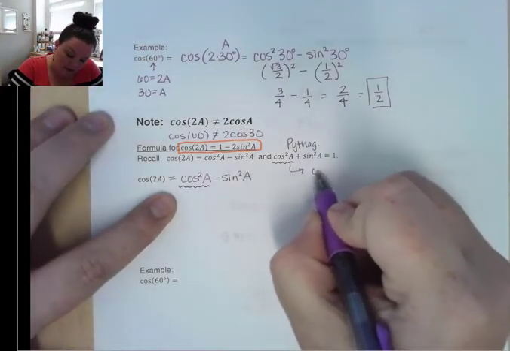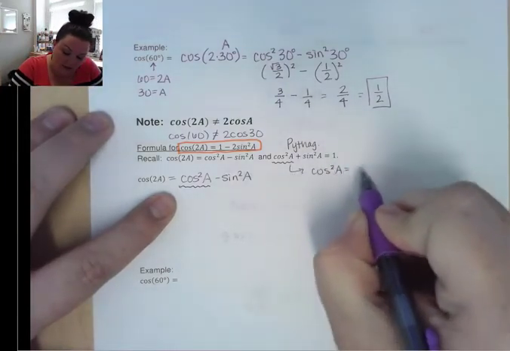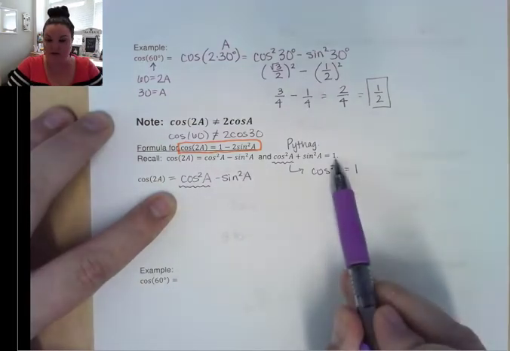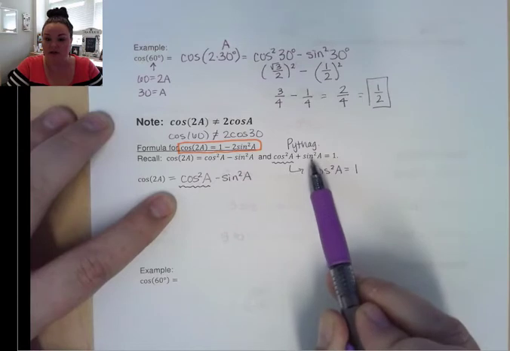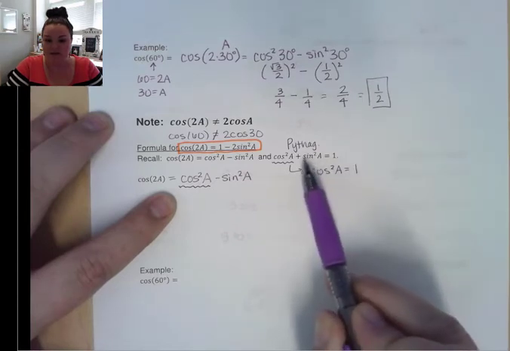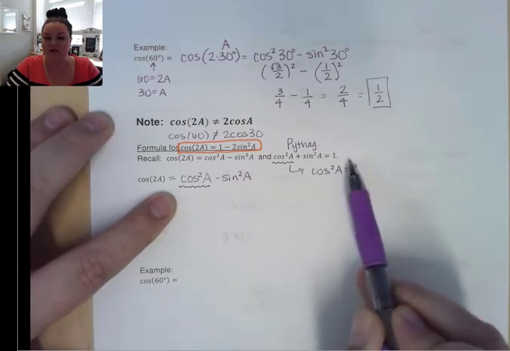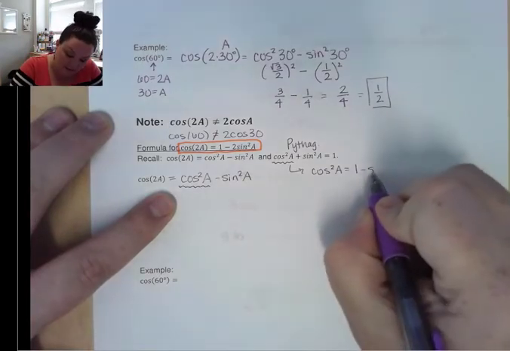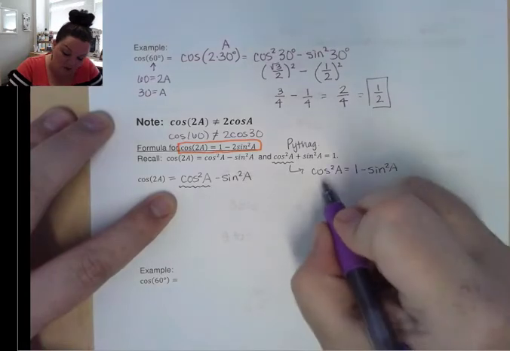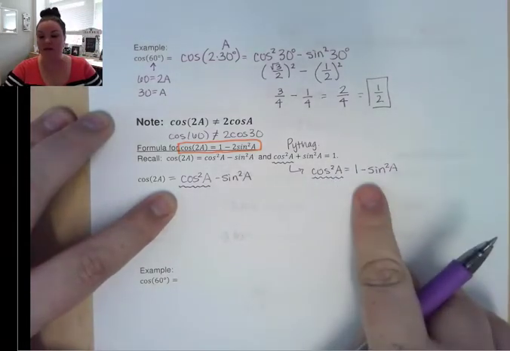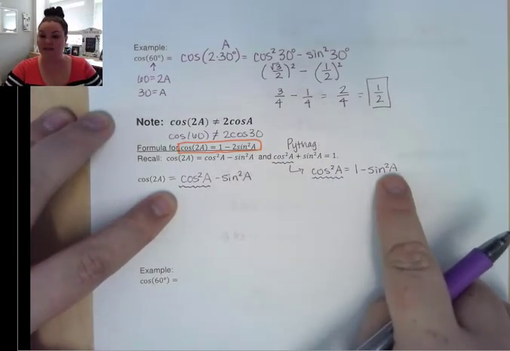What I would get is cosine squared a is equal to the 1 that's on the right-hand side, and then all I have to do is move this sine squared a term to the other side, by subtracting it. So what that tells me is that cosine squared a can be rewritten as 1 minus sine squared a.